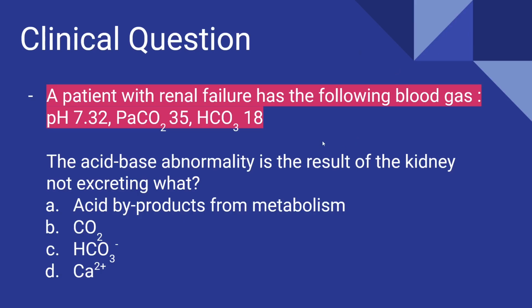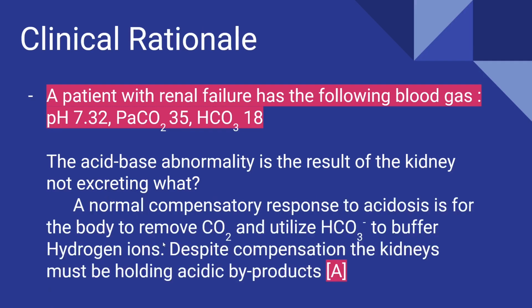So in a patient with metabolic acidosis, you would want the kidney to hold on to bicarb to try to correct this acidosis, correct? You would want to try to have a buffer. So the answer would be A. The kidney, despite compensating, must still be holding on to acid byproducts, which is driving that pH down.